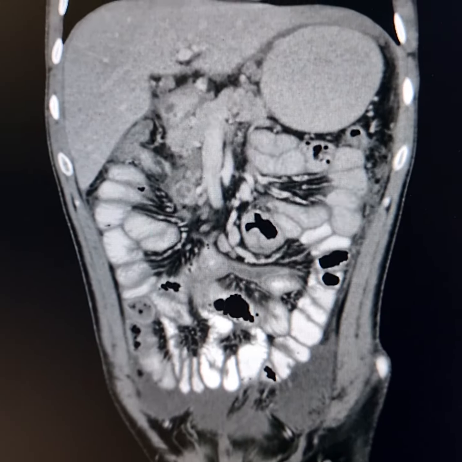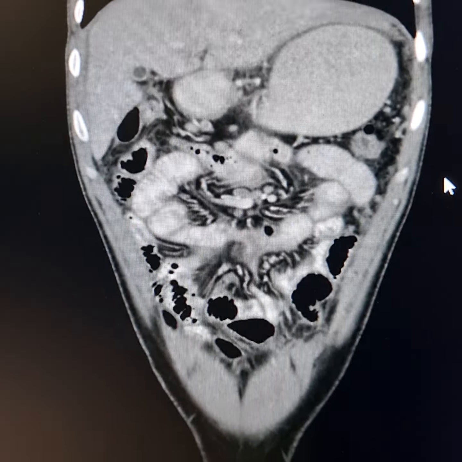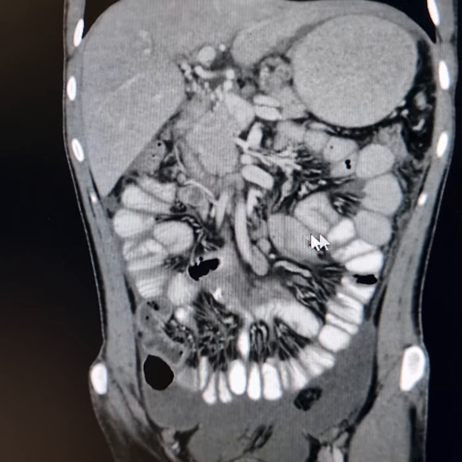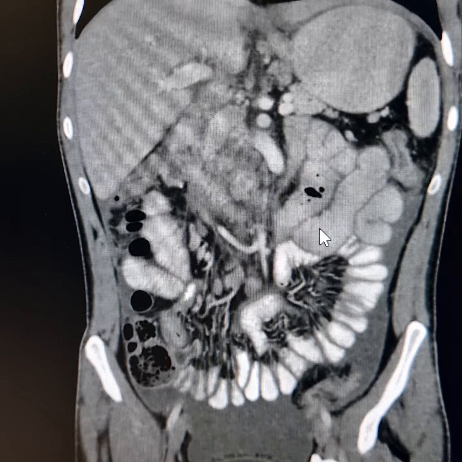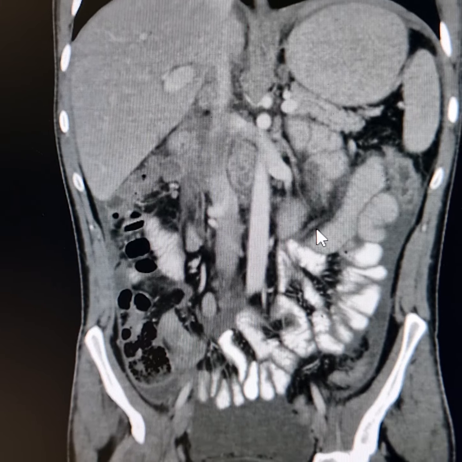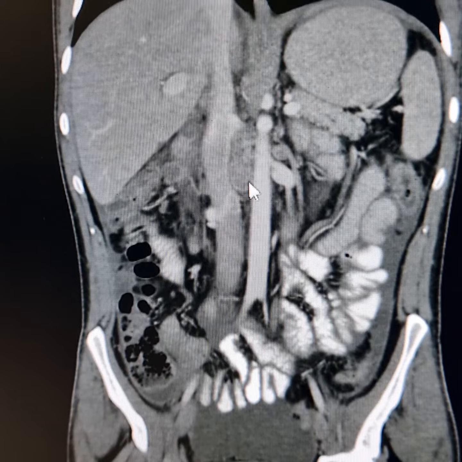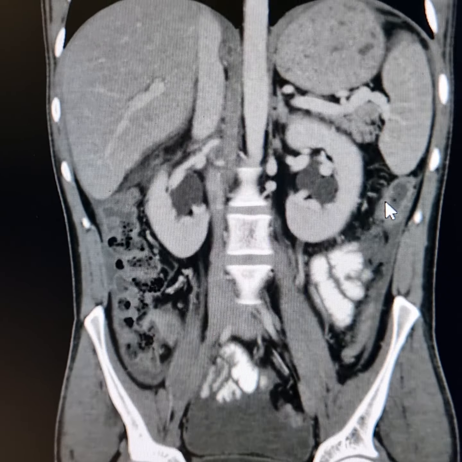This is the coronal scan. Please observe the mesenteric lymph nodes, para-aortic and pericaval lymph nodes. This one here, thickened mesentery.